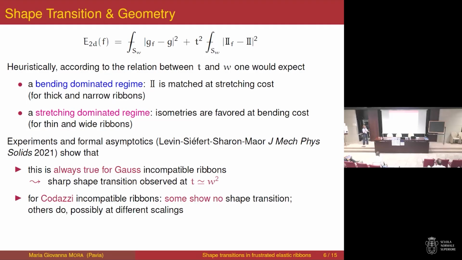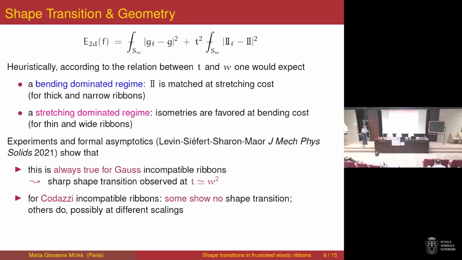They also perform some formal expansions on the two-dimensional energy. And from these experiments and these formal asymptotics, what they show is that this description is the correct one for ribbons that are incompatible at the level of the Gauss equation, where you should observe a shape transition when t is of order w squared, exactly as in the example of the previous slide.